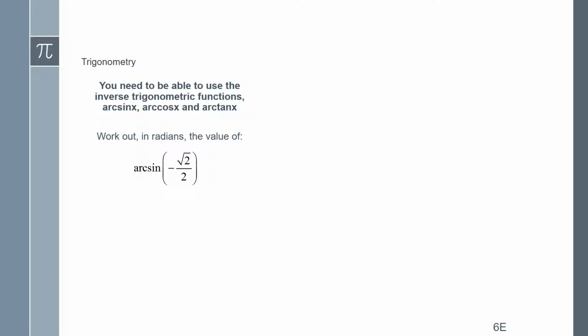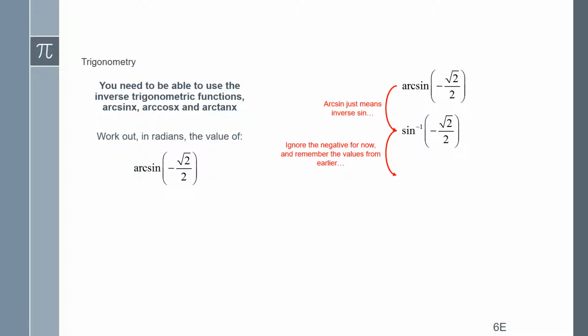Work out in radians the value of arcsin minus root 2 over 2. So the arcsin of minus root 2 over 2. Arcsin just means inverse sine. We can ignore the negative for now, and if we work out inverse sine of root 2 over 2, that equals pi over 4.